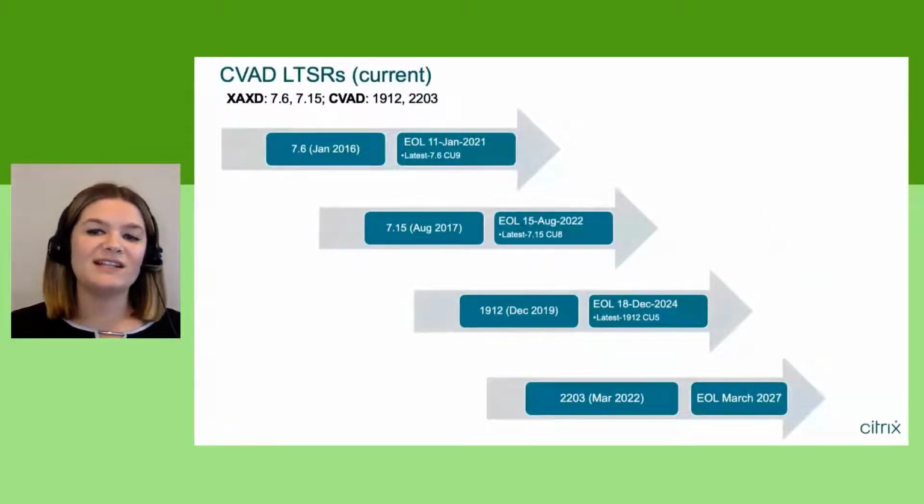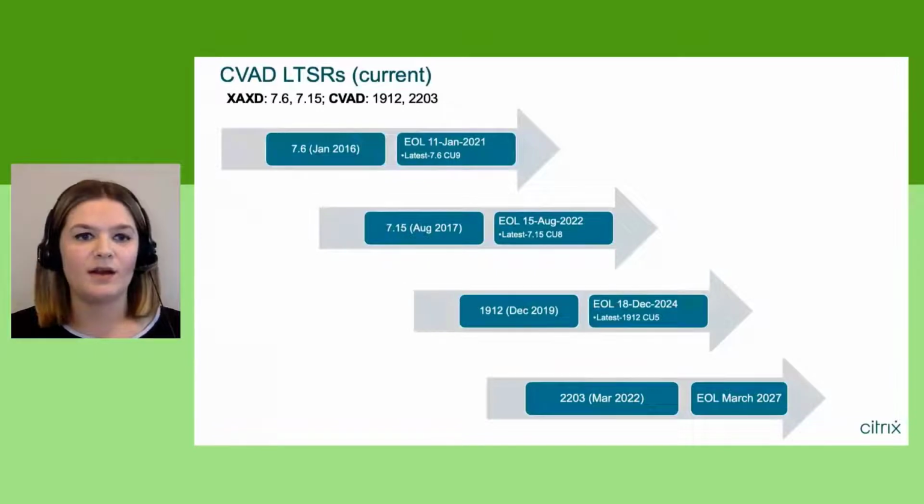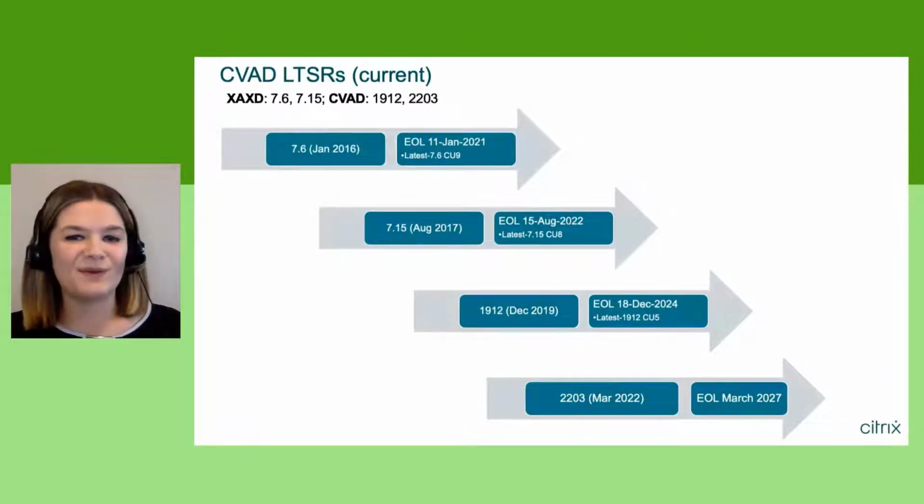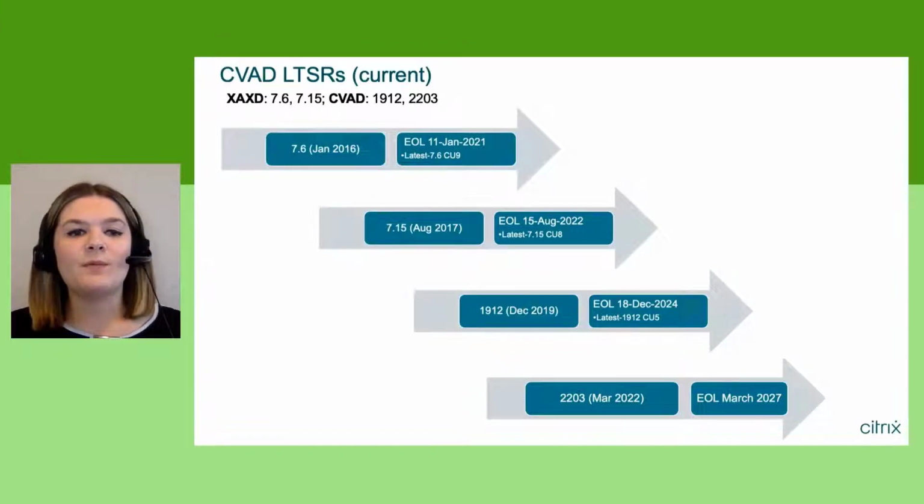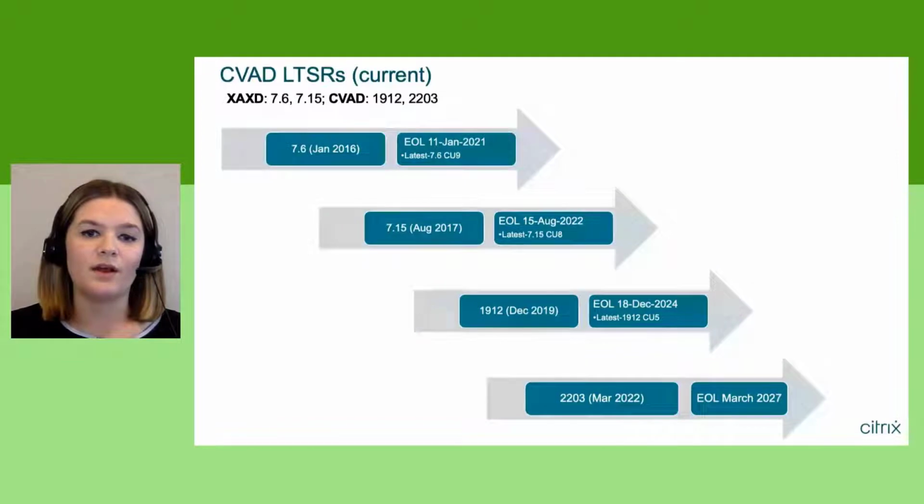I mentioned the 1912 long-term service release just a moment ago, but for those of you operating on our LTSRs, maybe 7.15, maybe as far back as 7.6, I wanted to mention that you do get 5 years of support on a long-term service release, and you can also add an additional 5 years of support past that time.